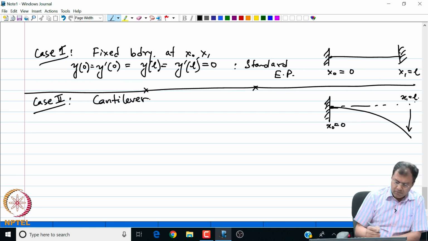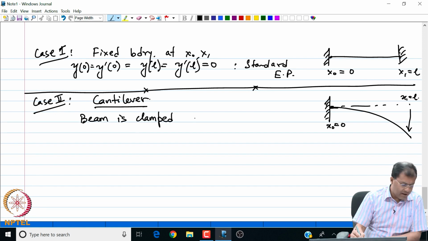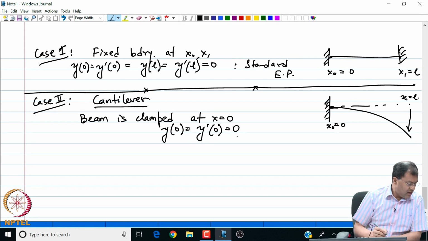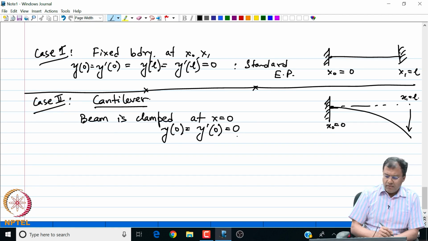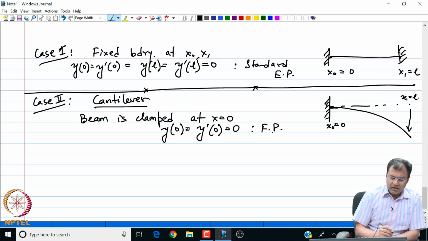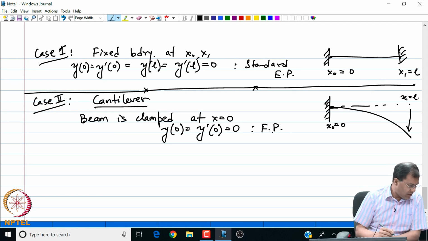So, this is a situation where the beam is clamped at x equal to 0, or I have that y of 0 is equal to y prime of 0 is equal to 0. So, these are my two boundary conditions, the fixed point conditions, and my other two boundary conditions at x equal to L are my natural conditions.